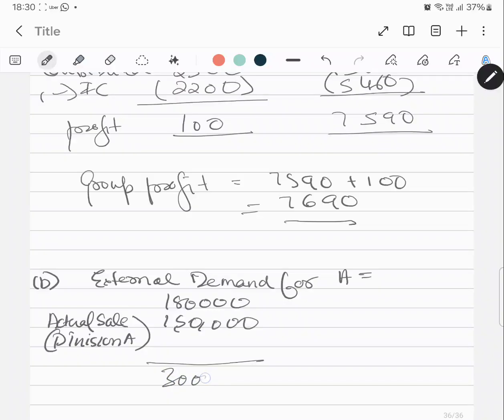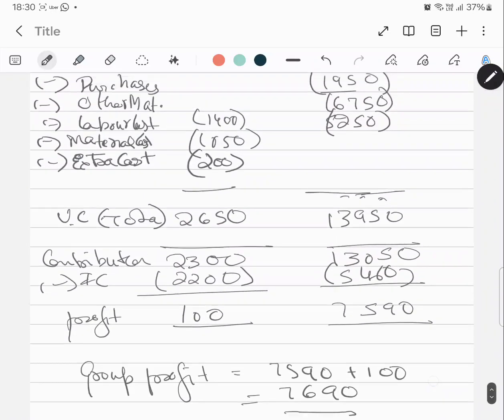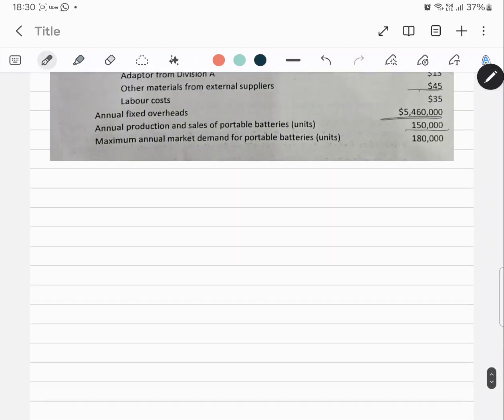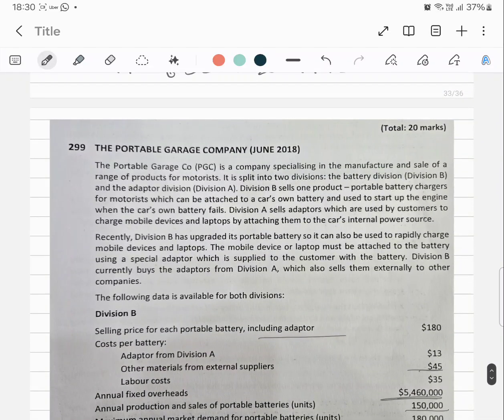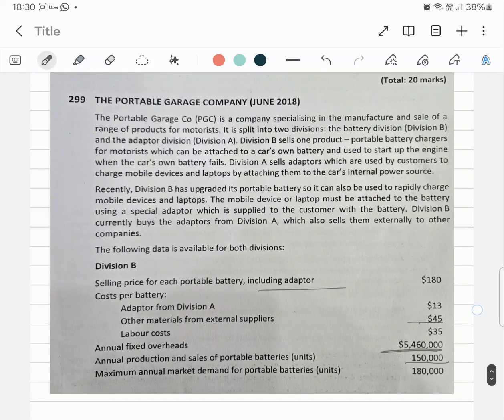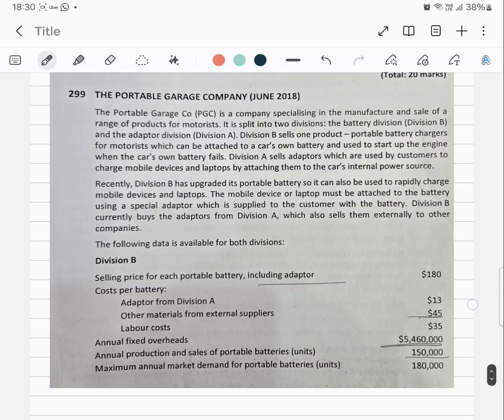And 30,000 is not being met. Why? Now let's read the question carefully. Division B sells one product, portable battery chargers. The maximum annual production and sale of portable batteries is 1,50,000 and the demand is 1,80,000. So there is a slack of 30,000 units.